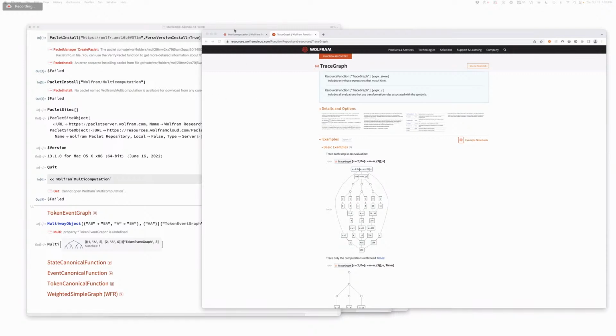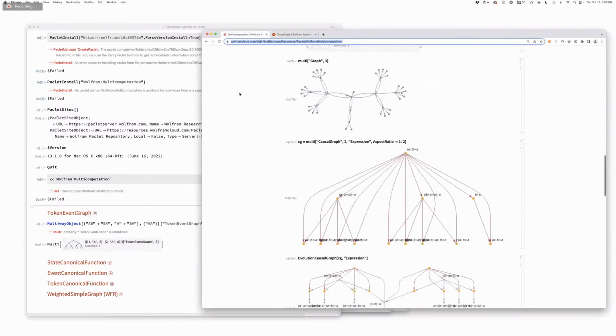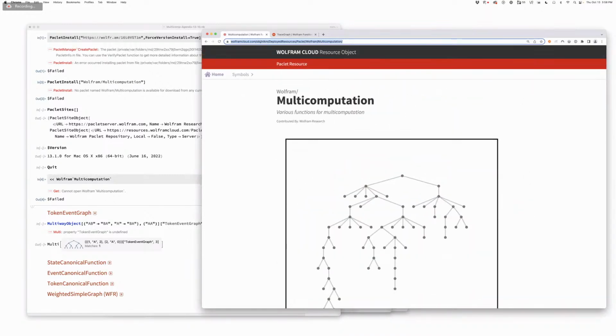For this particular Paclet or in general? No, in general. I'm trying to understand whether the Paclet... I mean, you deployed it to the Paclet repository, correct? Yeah, sure. I tested it prior to this meeting. Right, but this is the whole Paclet repository.